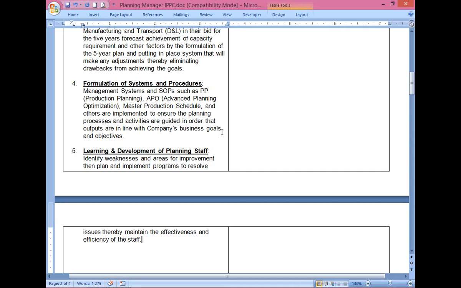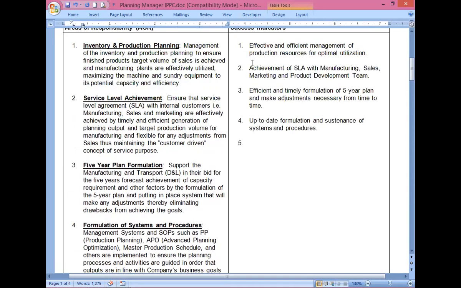So, what's next? Okay, we'll write the, what do you think? Should it be aligned, with lots of spaces? I think it's okay doing it like this. Okay, again, effectiveness and efficiency of planning staff.